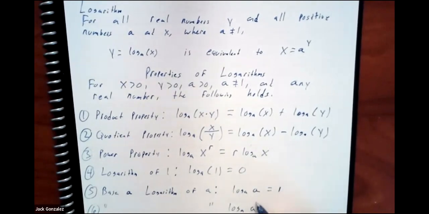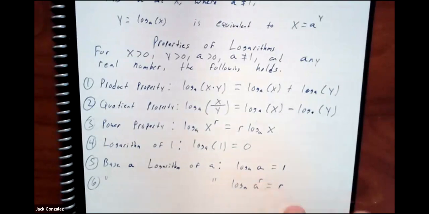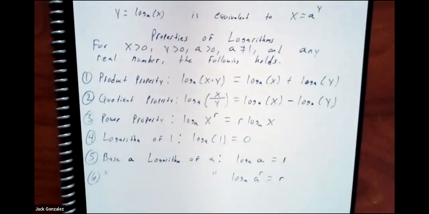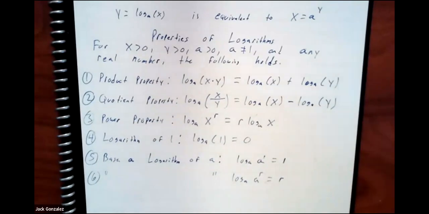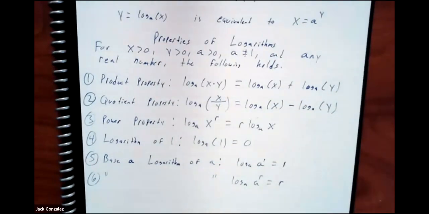So if you have an R up here, you're only left with the R. Whatever is the power, that's all that's left. So technically, this is just an extension of 6.